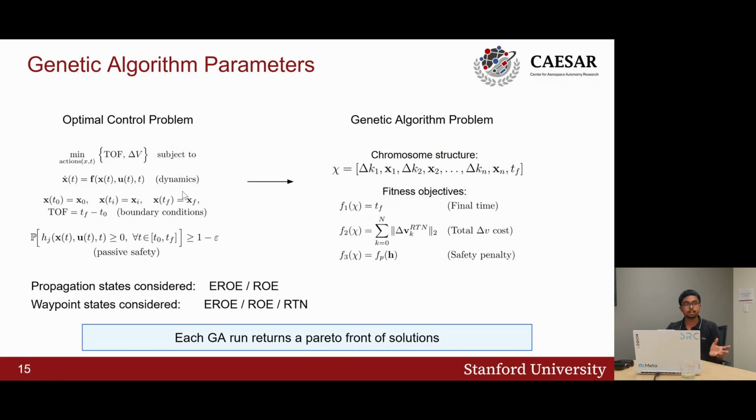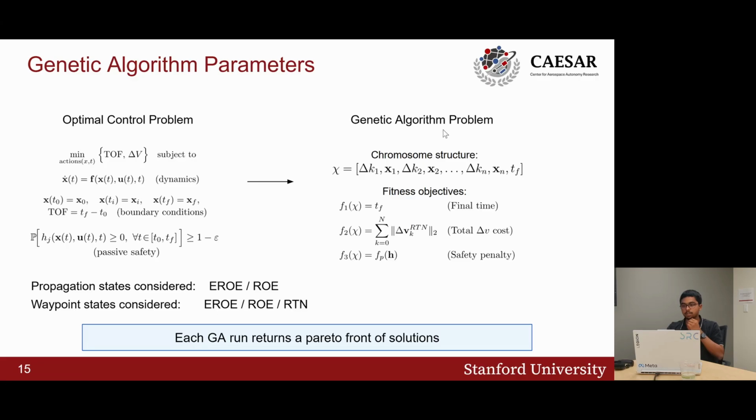When you translate this into a genetic algorithm problem, you're trying to model this optimal control problem by creating this particular chromosome, which is a representation of the trajectories, and some of these conditions become fitness objectives.